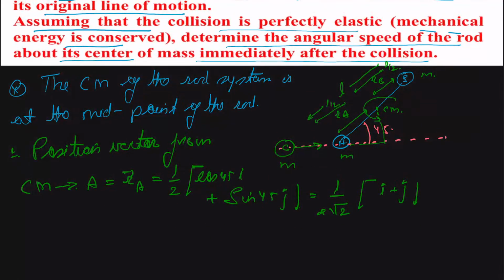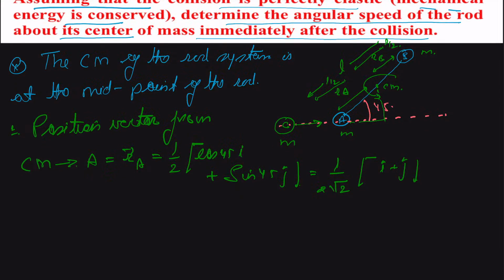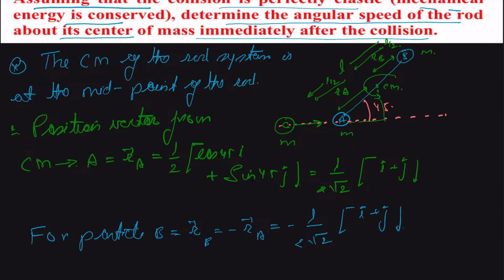And similarly for particle B, let us call this RB, and that will obviously be the negative of RA, so minus L by 2 root 2 times (i unit vector plus j unit vector).